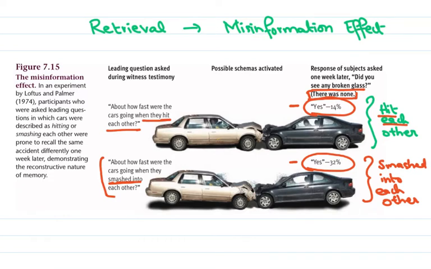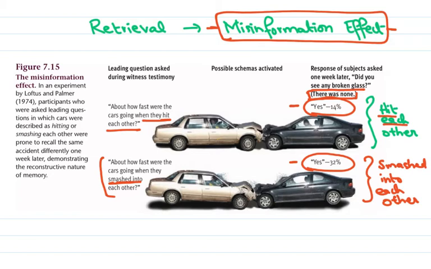This is basically something that's called the misinformation effect, that the information that you receive after having witnessed a particular event can have an impact on how you remember that event. So this is basically what the misinformation effect is.